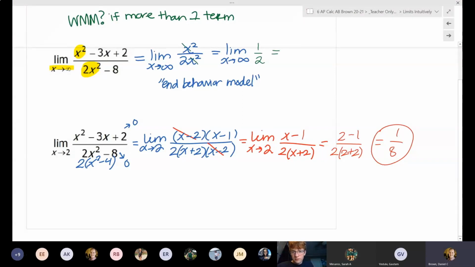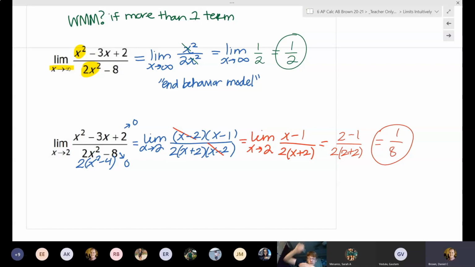Well, what do you think the limit as x goes to infinity is going to be? 1/2. If you remember from prereq stuff, you probably memorized all these rules for finding horizontal asymptotes of rational expressions by comparing the degree of the numerator to the degree of the denominator.